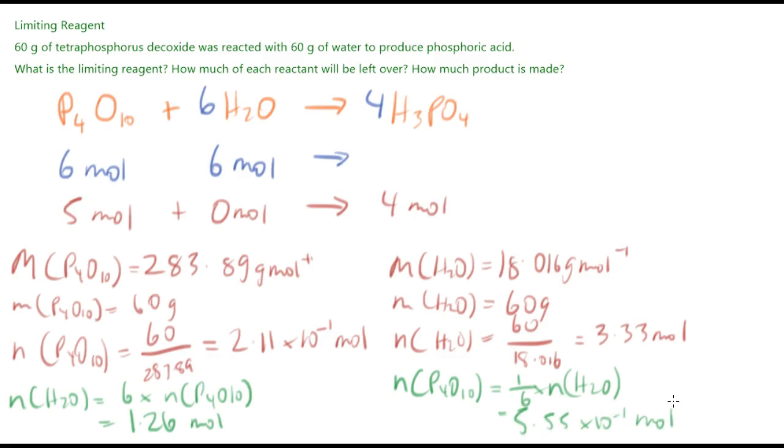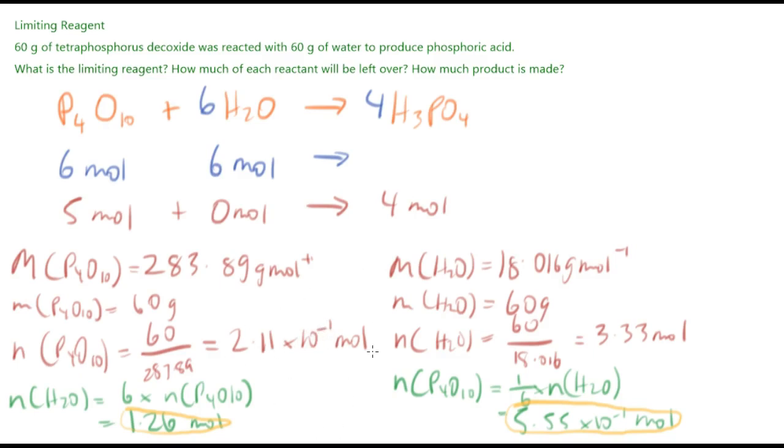So if we compare these numbers to how much we actually have, theoretically, if we used up all our P4O10, we would only use 1.26 moles of water. Now that is far less than how many moles of water we actually have, and we can confirm this because 5.55 by 10 to the negative 1 is a lot more than what we originally had, which is 2.11 by 10 to the negative 1.